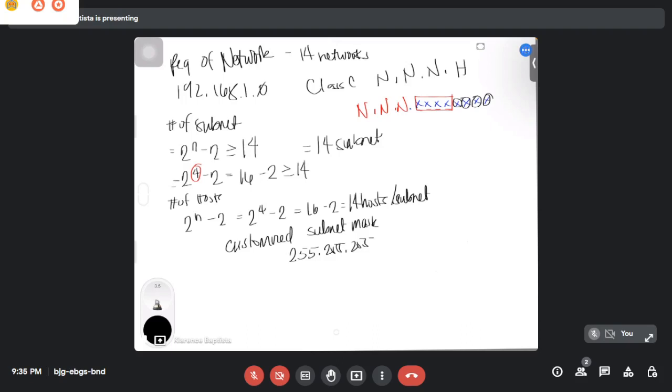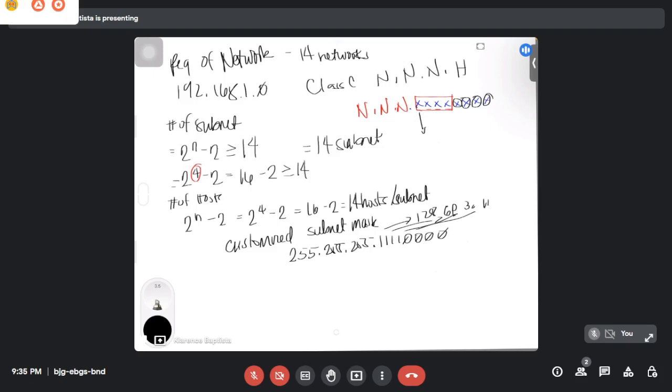So therefore, lahat nung dito naka-1, yung may mga nakakulay red dyan. So we have 1 1 1 1 0 0 0 0. So kapag kinonvert po natin, we have 128, we have 64, 32, tsaka 16.